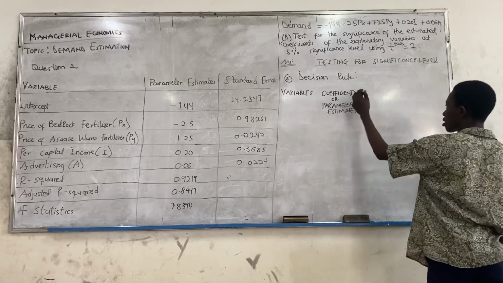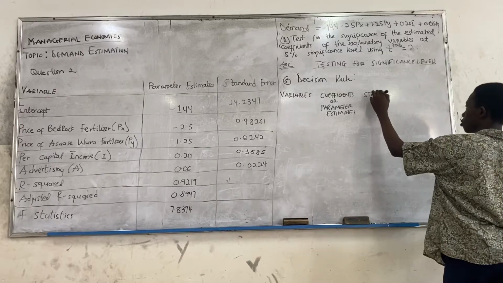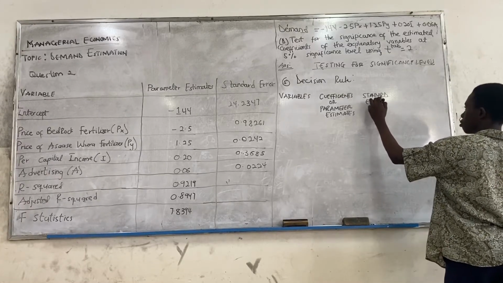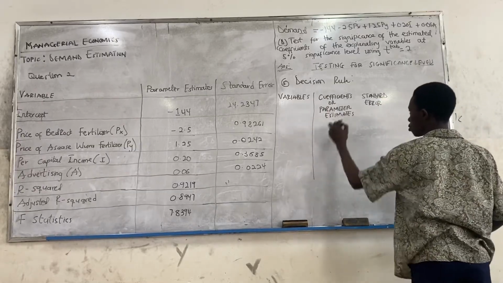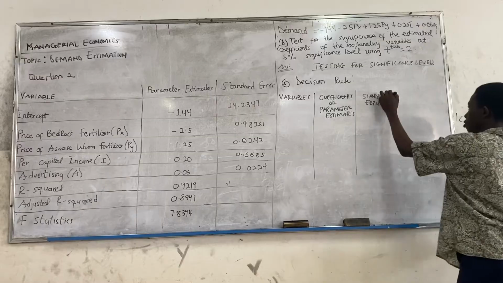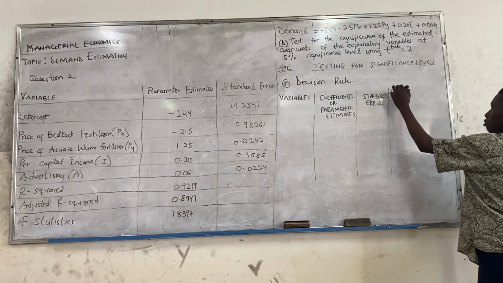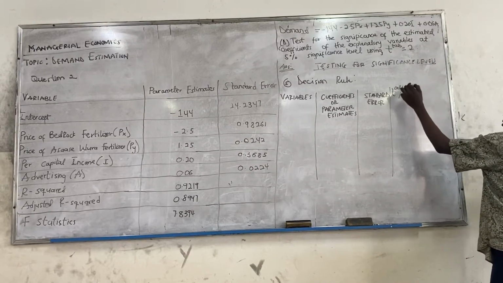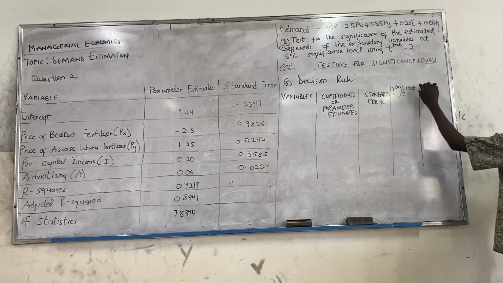The next thing is the standard error. Then we have our T cal or T star, and our T tab.